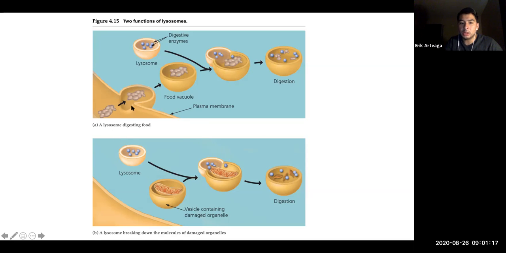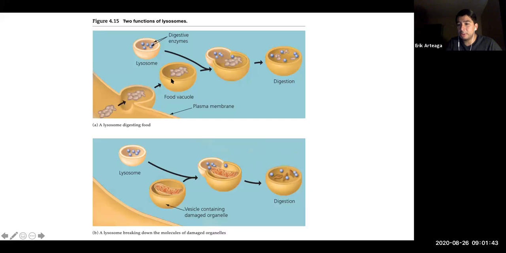So again, digesting food molecules: we are heterotrophs, we are catabolic, we need to break down food molecules, right? So the lysosome's digestive enzymes can break down various sugars, food components, lipids, fatty acids, things like that, okay? And a lysosome will fuse to a food vacuole where it can break it down. This is a very important process in single-celled organisms, right?